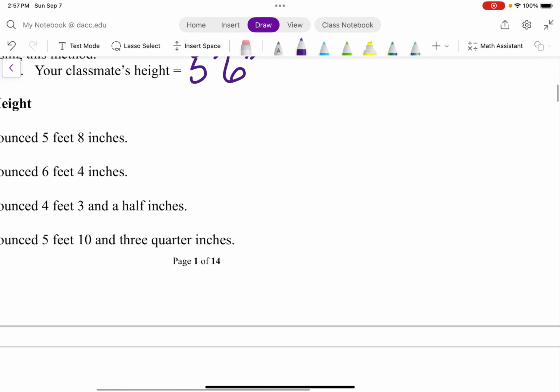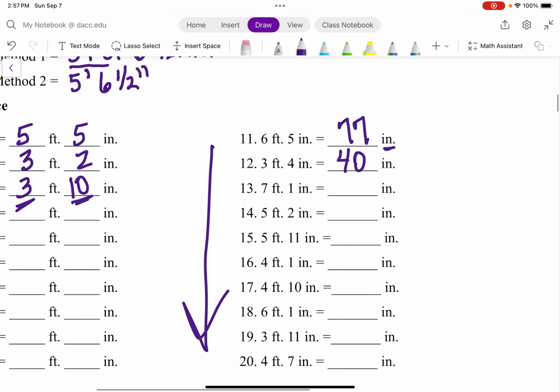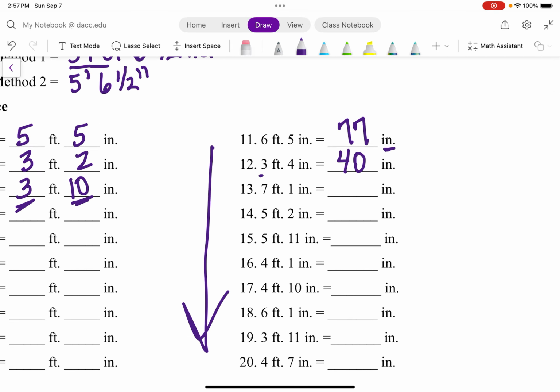So we know the 3 feet is the 36 inches, but we have 4 that we have to add to it. And once again, that gives us 40. All right, hopefully this is making sense. Let's do one more before we move on.